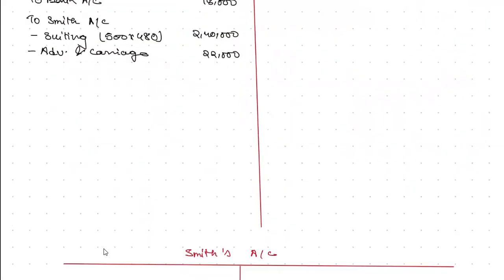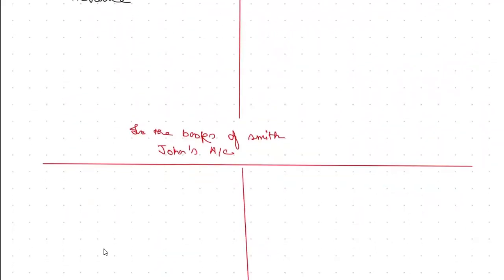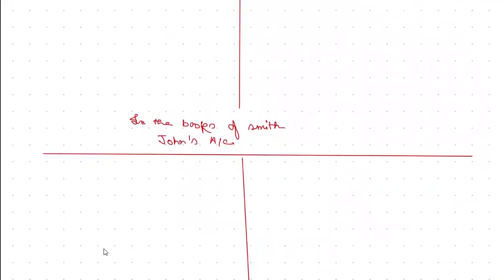So it will go to Smith's account, because Smith has received it and John has given it. So to cash account, advance 50,000, and John has received it, it is in the books of Smith. So he'll write by cash account, advance.